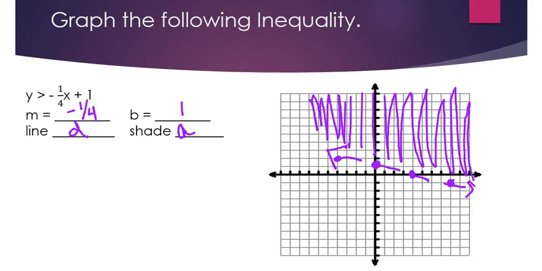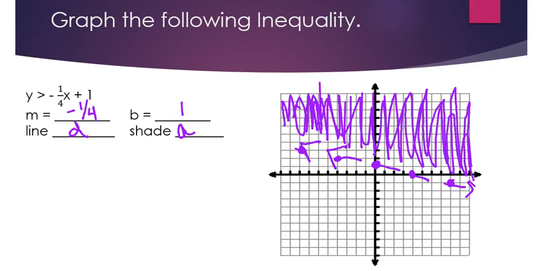Now, I don't expect your graph to be colored in continuously, okay? But I expect you to draw a decent graph if you have to, okay? And show that you're shading above or below.